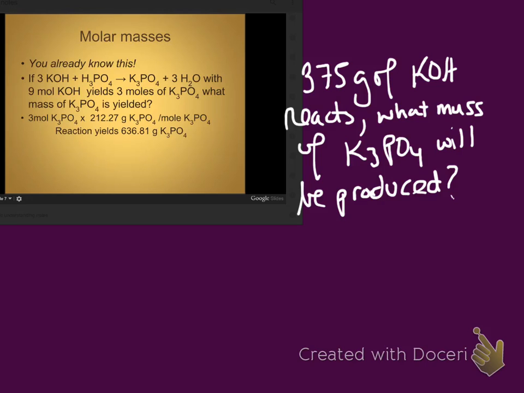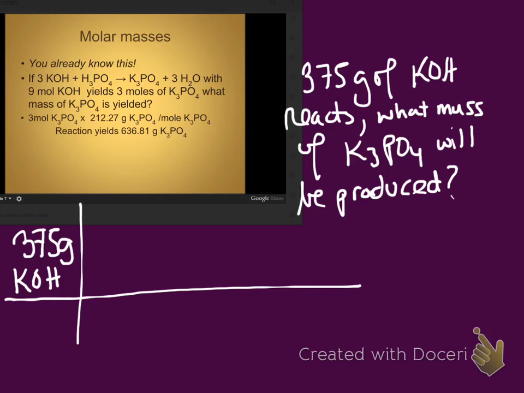So, same thing we start off every problem with, which is the given. It starts to sound like To the Bat Cave after a while. To the given, 375 grams of potassium hydroxide. And we know we have to have what down to cancel? Grams of potassium hydroxide.